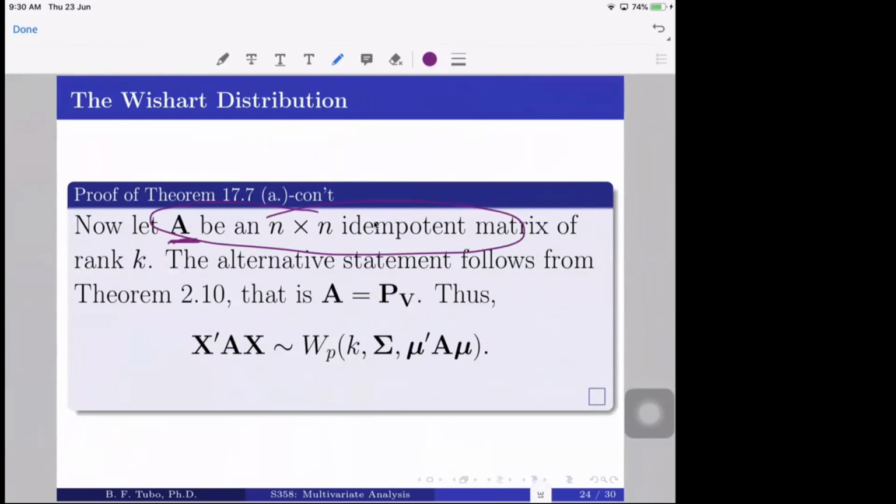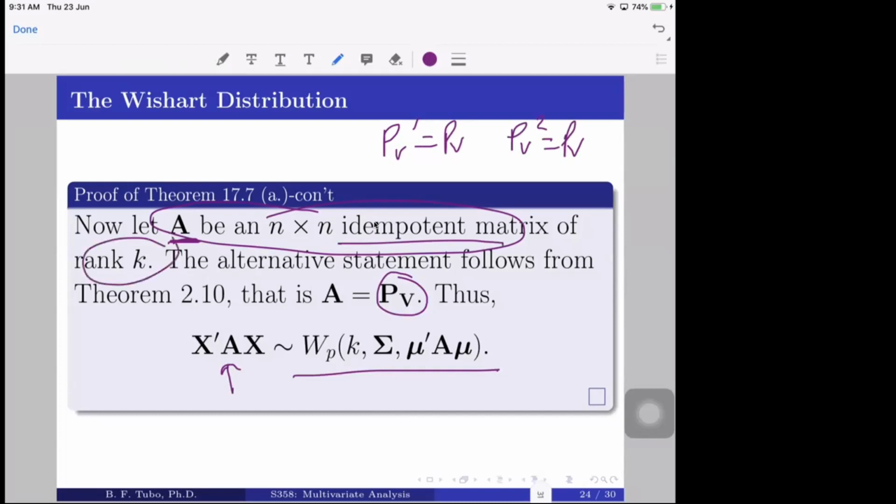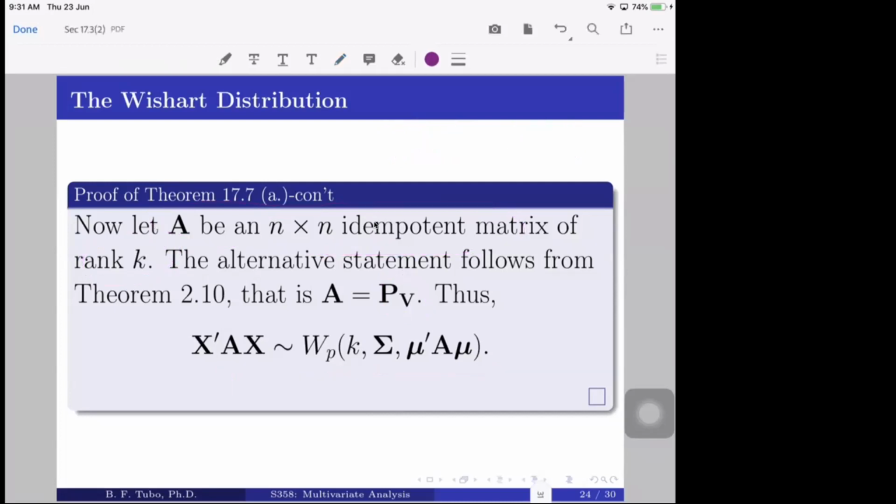Since idempotent satisfies the conditions that PB prime is PB and PB squared is just PB, it follows that changing PB by A, you will still get this distribution, on the condition that A is an idempotent matrix and it has rank K. So it follows the dimension of our subspace.